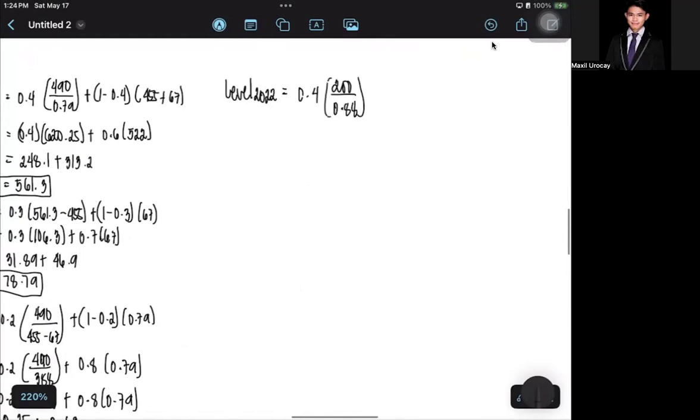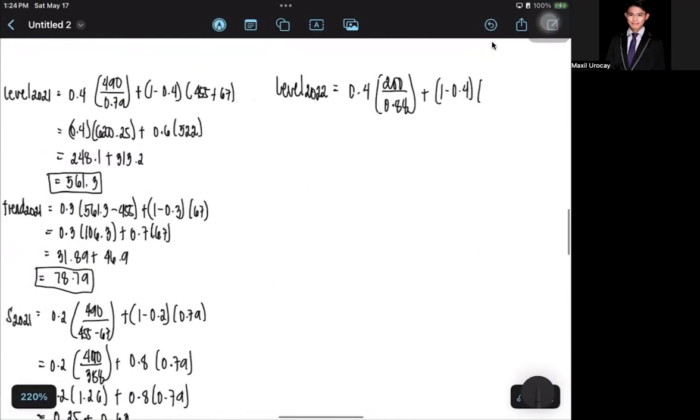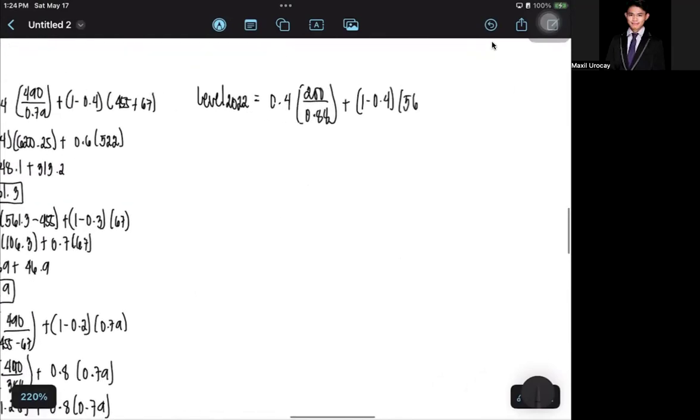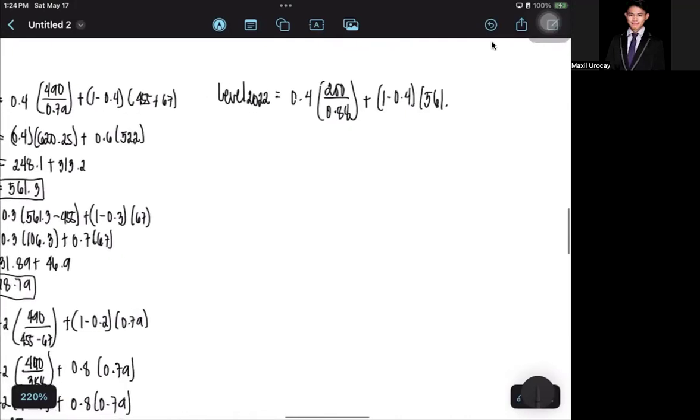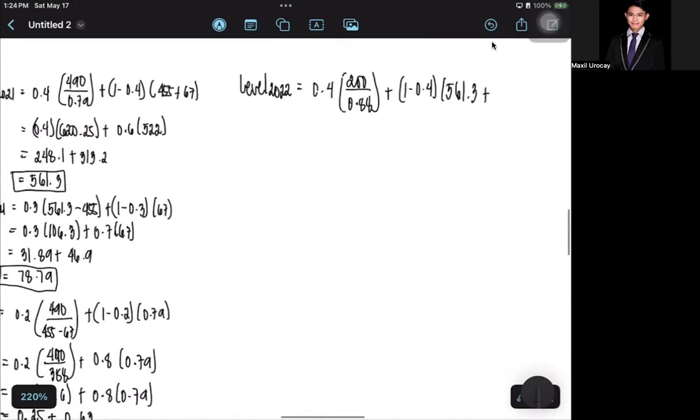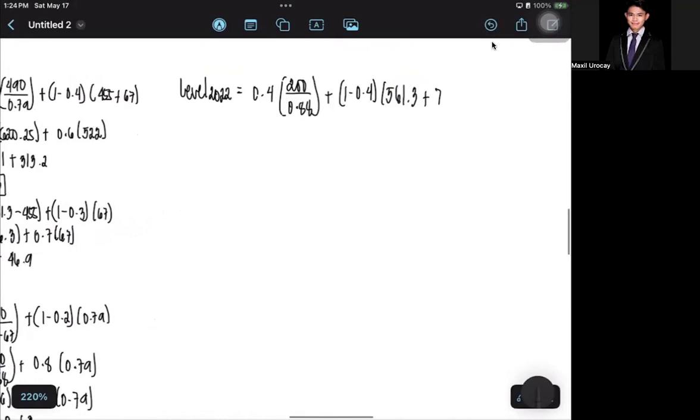And then plus the parameter 1 minus 0.4 times the previous level, which is 561.3, and then plus the trend that you do have previously, 78.79.